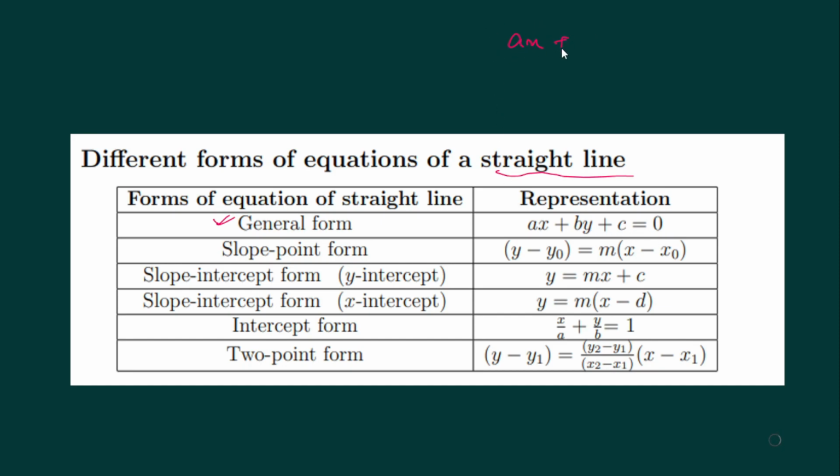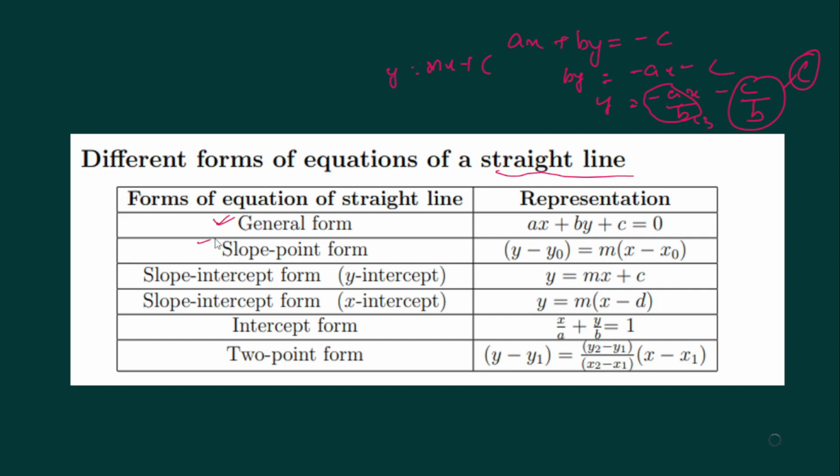If we write ax plus by equals minus c, then by equals minus ax minus c, and y will be minus ax minus c upon b. Here minus a by b will be m, and this will be c. So this is nothing but y equals mx plus c.